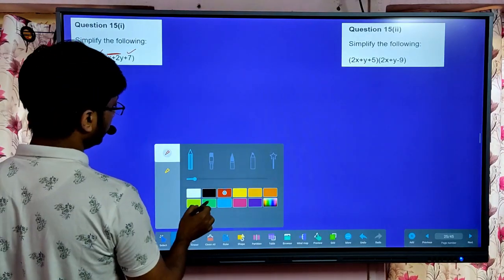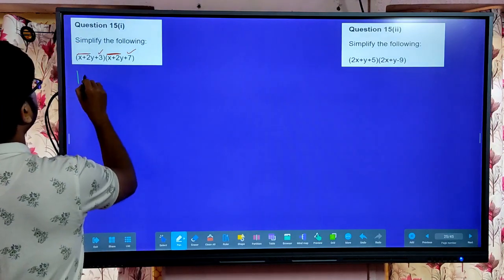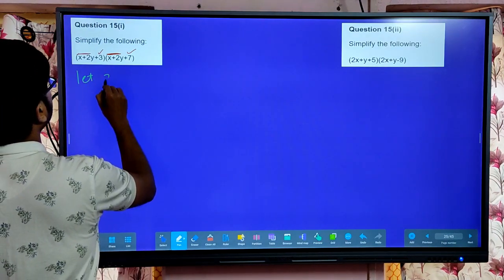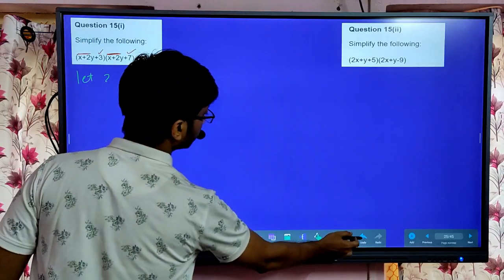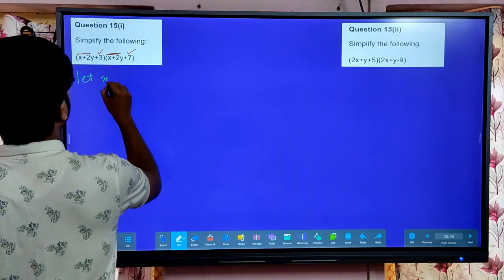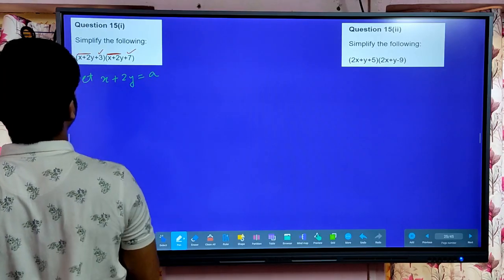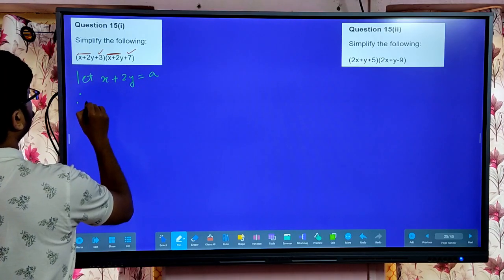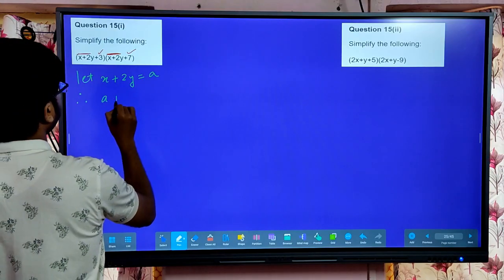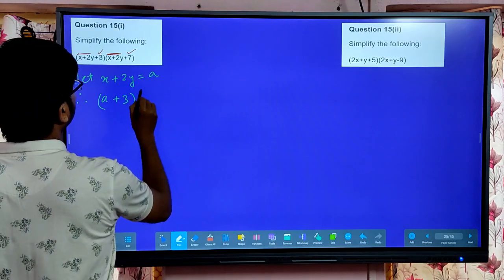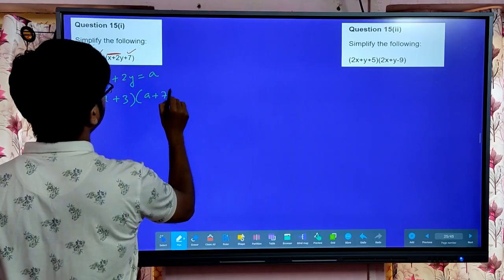Chalo, let us see. We will take let x plus 2y equal to a. Therefore, the expression becomes a plus 3 into a plus 7.